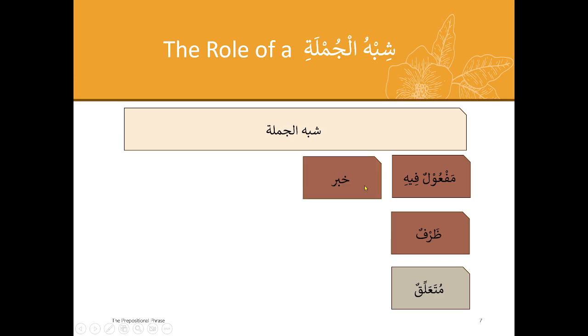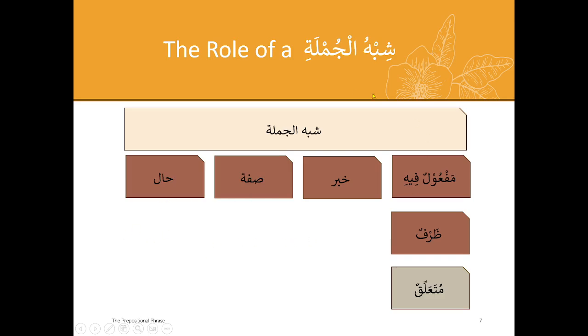Then we have other things like the Khabar. We have all sorts of Khabar: Khabar Inna, Khabar Laisa, Khabar Kana. Kana and the sisters all have Khabars, and Inna as well. Then we have Sifas, and things like Hal.